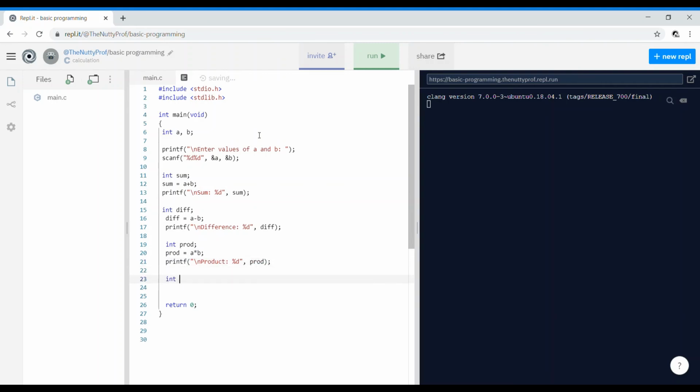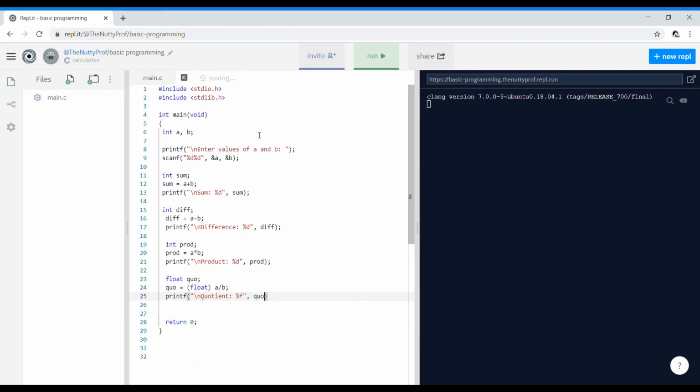Now the other one is int quotient. Sorry, that would be float quotient. So float quotient, quo I'm writing, quo is equal to, I'll put the float conversion on a. I'll do it with b as well, and go ahead and printf("\nQuotient is %f", quo) here alone.